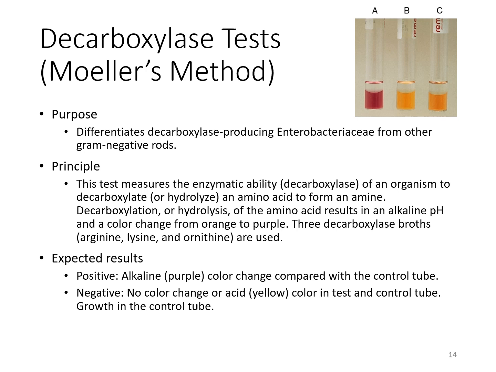The decarboxylase test differentiates the different Enterobacteriaceae from other gram-negative rods. And so what you're looking for is the ability of the organisms to hydrolyze some of the different amino acids. So those amino acids would be arginine, lysine, and ornithine. And so what you would do is, all of those would be in a different tube, and you would inoculate that organism in it.